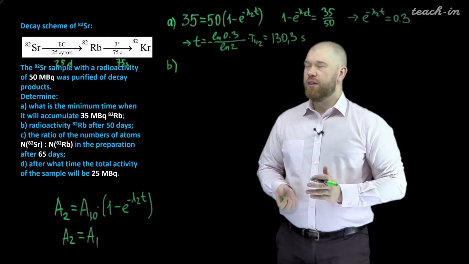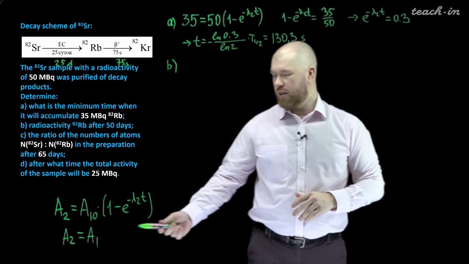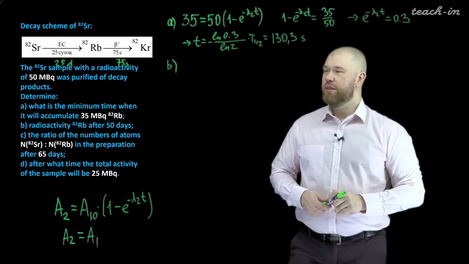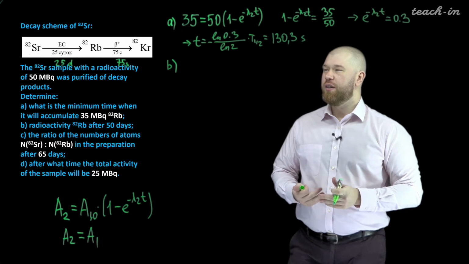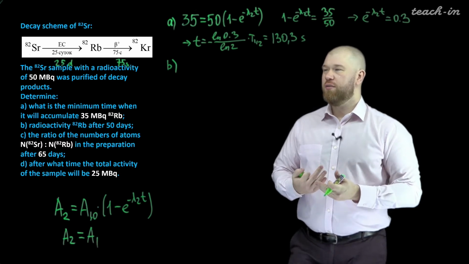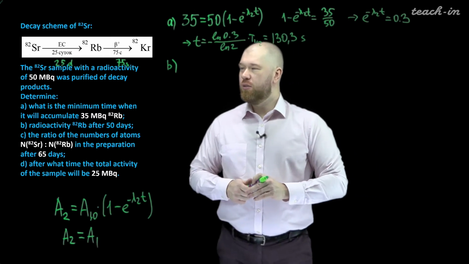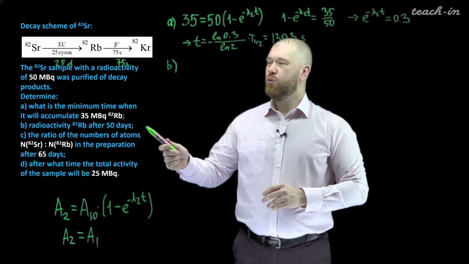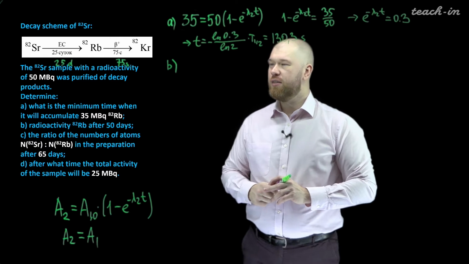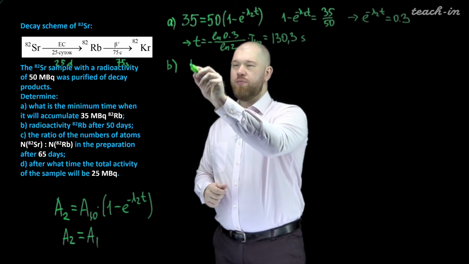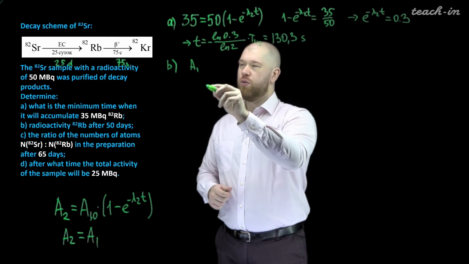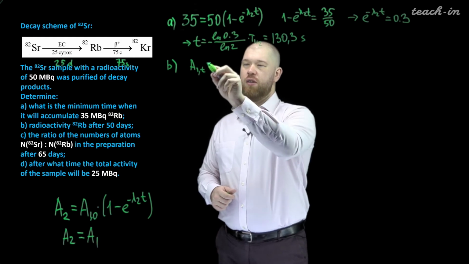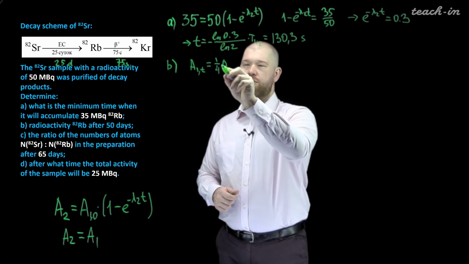So that means after 50 days the equilibrium will be reached, and we can say that the activity of rubidium will be equal to the activity of strontium-82, and thus we should calculate the activity of strontium after 50 days. And we can see that 50 days is 2 times 25 days, and that means that the activity of our strontium after 50 days will be 1/4 of its initial activity.